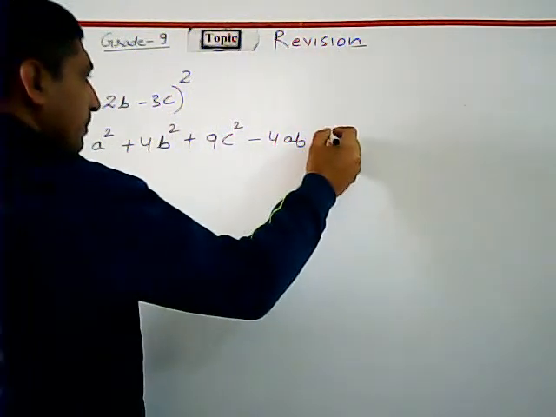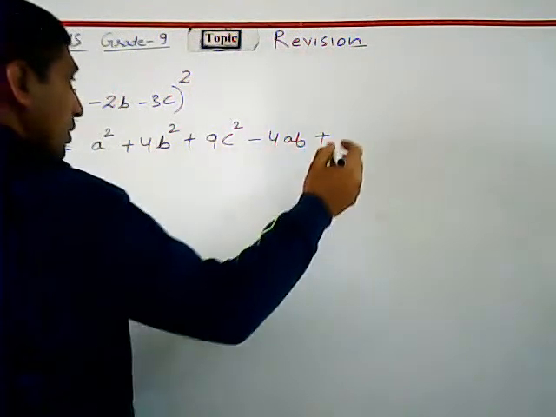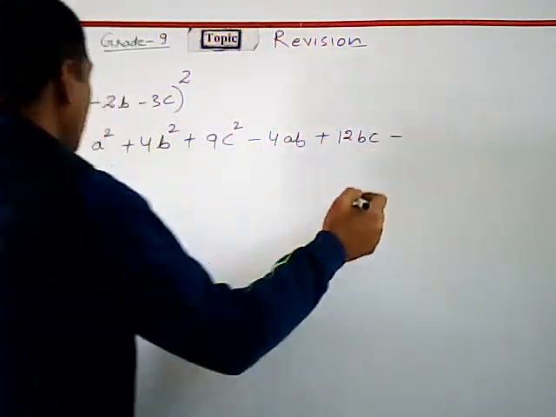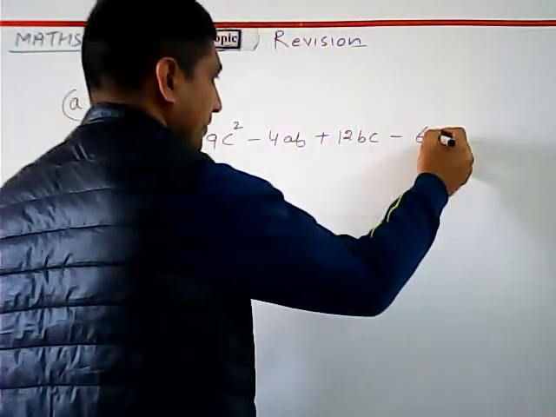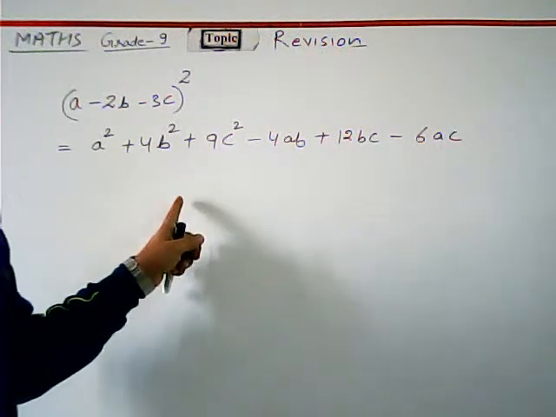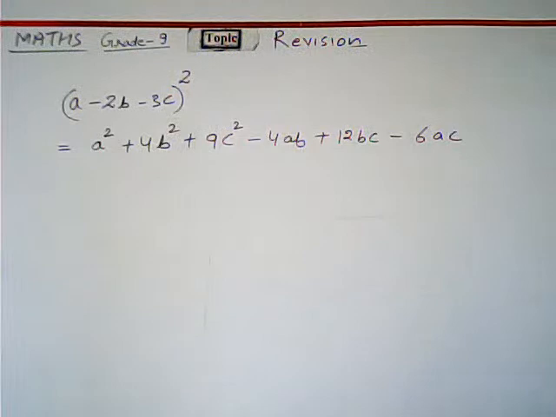Minus minus gets plus, that is 12bc, and then minus 6ac, right? Sometimes in 1 or 2 marks questions, you have to check the signs.